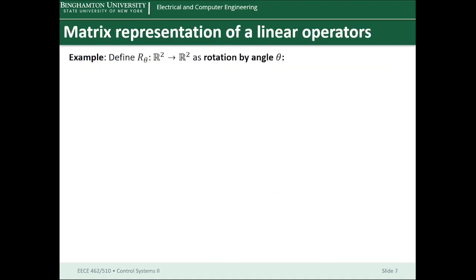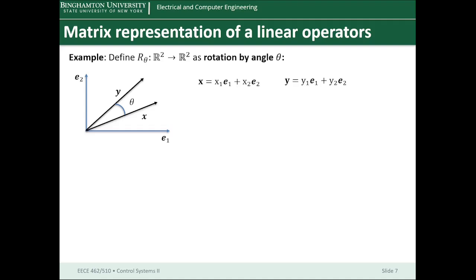Let's continue with our example of rotation by an angle theta. Assume we define two orthogonal basis vectors e1 and e2 for R2. Now, any vector in R2 can be expressed in terms of this basis as two numbers x1 and x2. Suppose we apply our linear operator, rotation by theta, to x, and we call the result y.